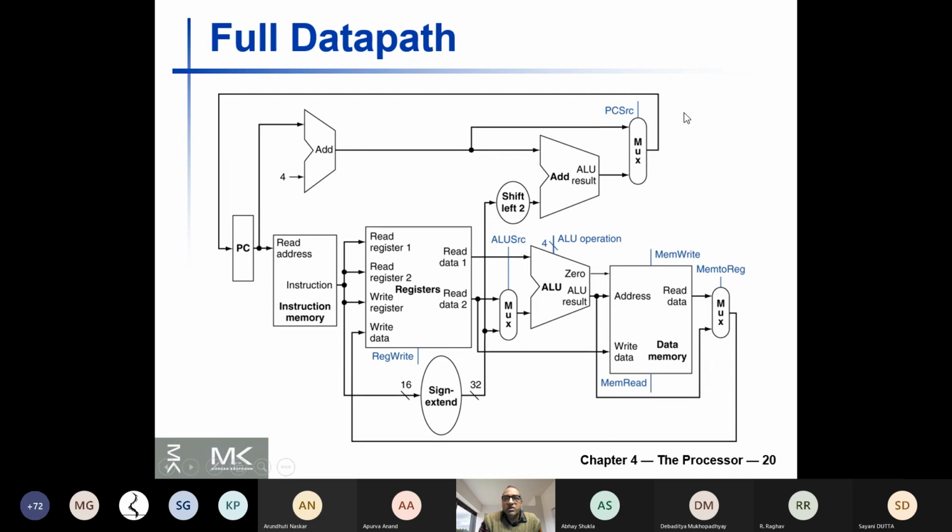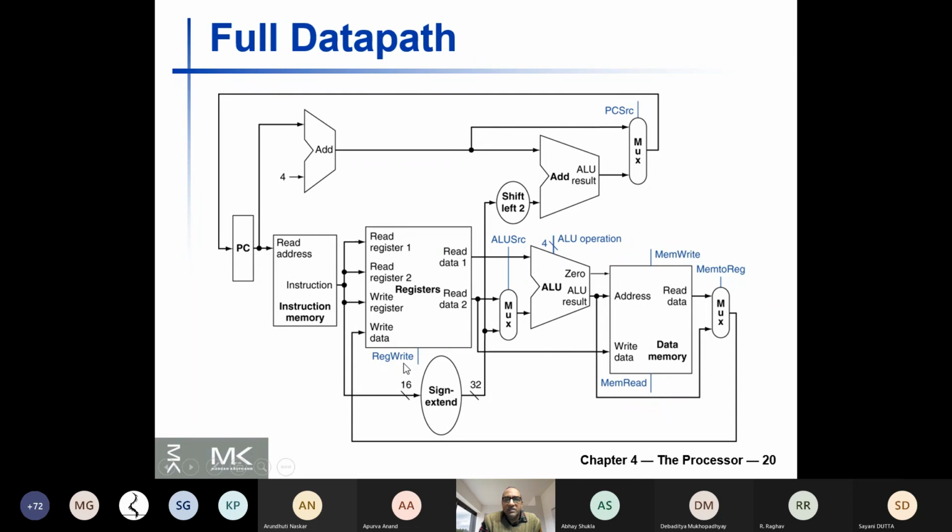So this particular circuitry, this add circuitry, is for computing the branch address, and this ALU is used for checking the condition. So this is the complete data path which can execute R type instructions, load and store instructions, that is memory access instructions, and the branch instructions as well.